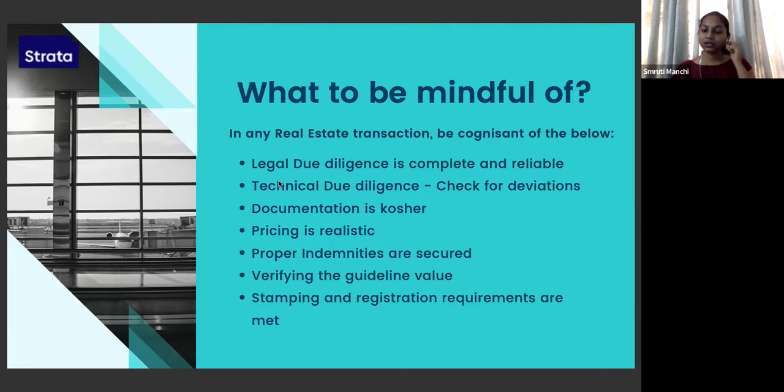Proper indemnities are secured. When you are doing a real estate transaction, indemnities are what could help you in future, because once the deal is done and the title has passed, then you cannot go back to your seller in the real sense, in the practical sense, for anything. There is only so much that you could have uncovered in a legal due diligence or in a technical due diligence, and there are still some outstanding issues.